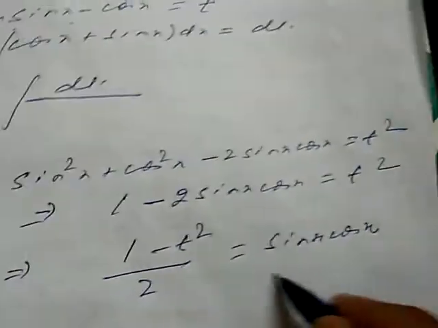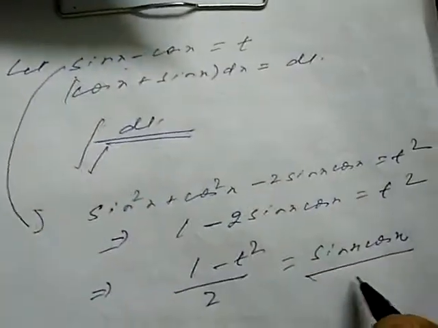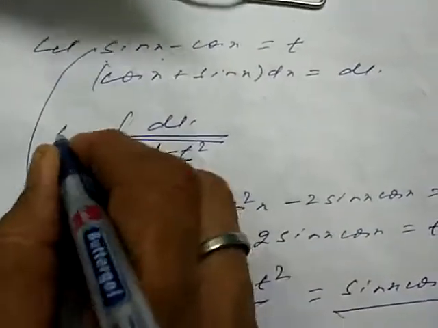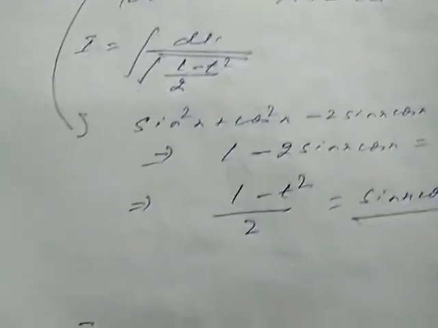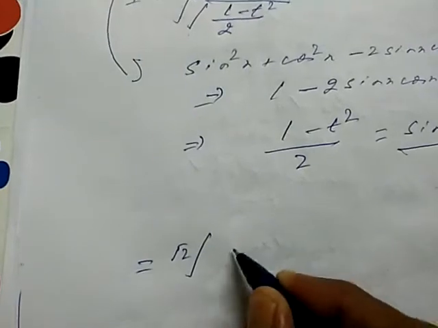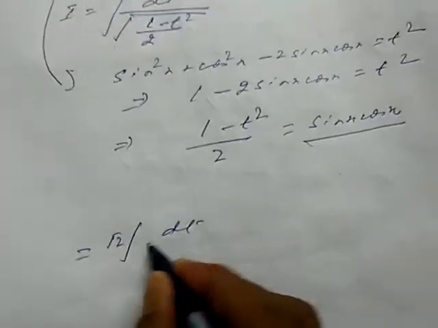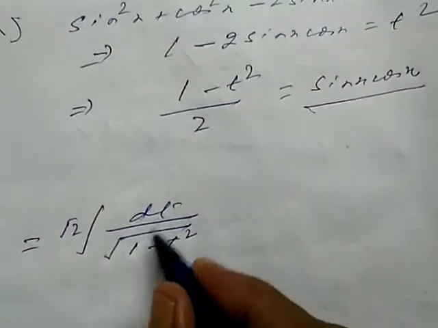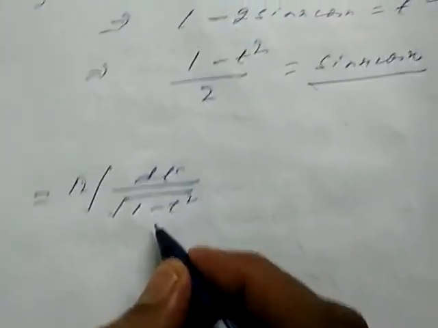So we got a substitution for sin x cos x also, and finally what do we write down instead of sin x cos x? Under root (1 minus t square) by 2, and this is your I. When you further solve, root 2 will move out in the numerator, and this is dt upon root under 1 minus t square. Earlier we have mentioned that dx upon root under 1 minus x square is the integral value for sin inverse x.